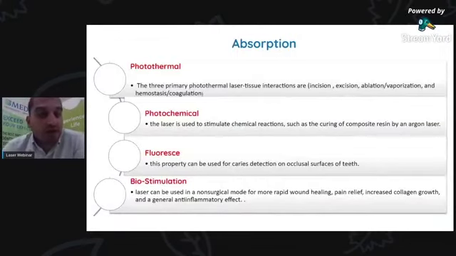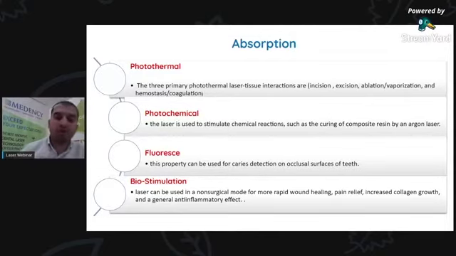After the laser is absorbed in our tissue, we have to note what happens after absorption. This is a big question, and we need to concentrate on this issue to understand how laser works exactly. We have four main effects that can happen by laser after its absorption.